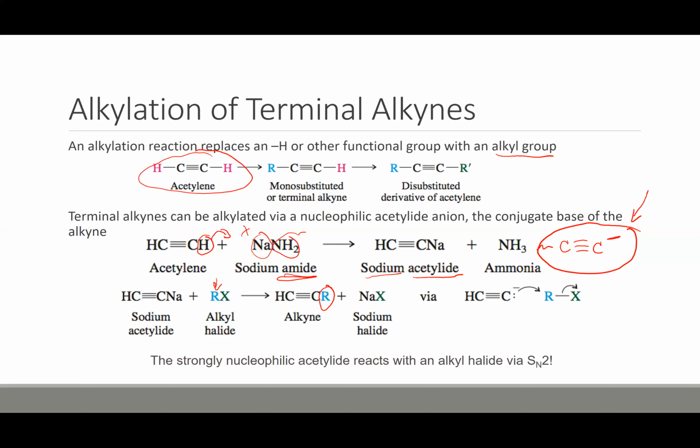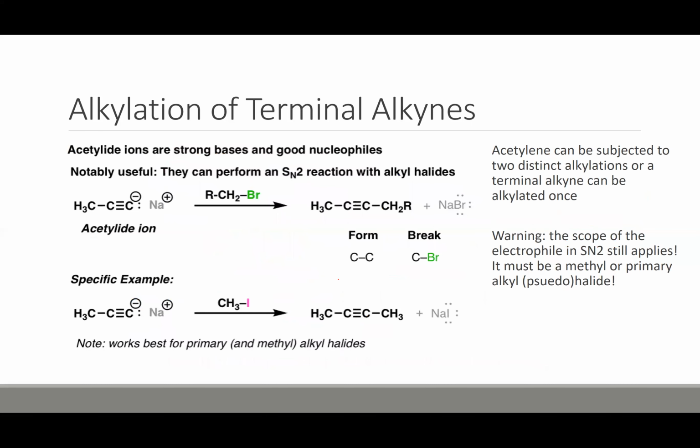You thus end up with this alkyne. It's still a triple bond, but now we've just extended it. We've added on carbons. Again, these acetylide ions are strong bases once we make them, and they are good nucleophiles. So they can act in an SN2 reaction as a nucleophile.